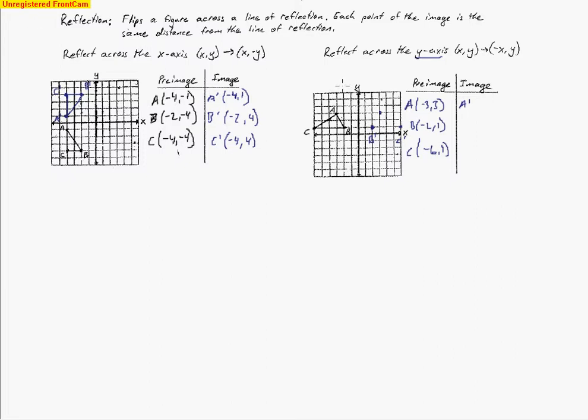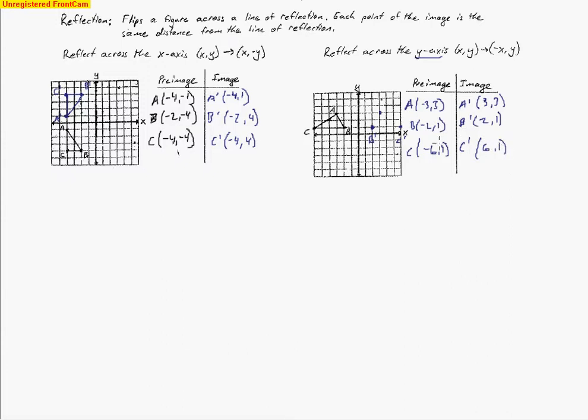So A prime is 3 spaces over to the right, and we have 3 spaces up, so it's going to be a +3, +3 in this case. Then B prime is 2 spaces to the right and 1 space up. And C prime is 6 spaces to the right and 1 space up.